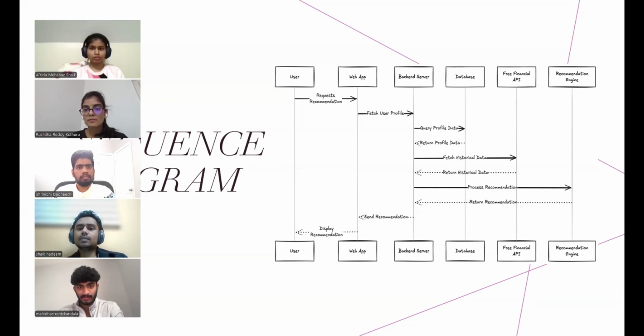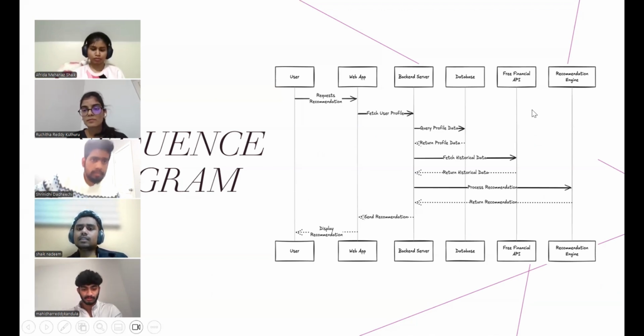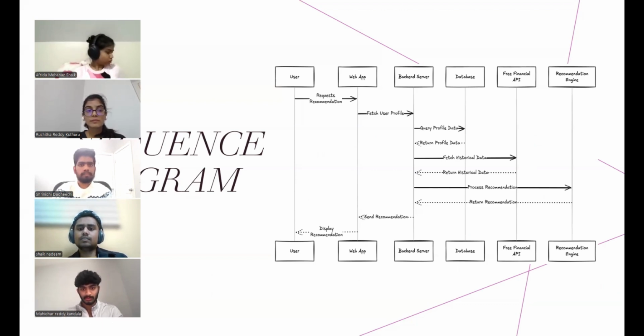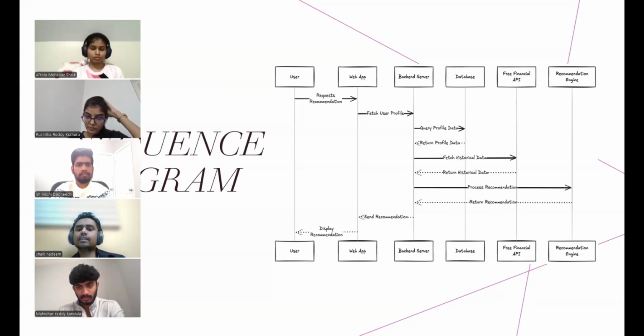After getting the profile, we fetch the historical data from the free financial API, and the free financial API sends the response to the backend services. After getting the historical data, our backend processes it and sends it to the recommendation engine.